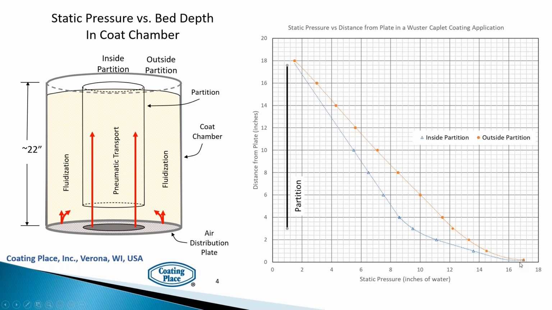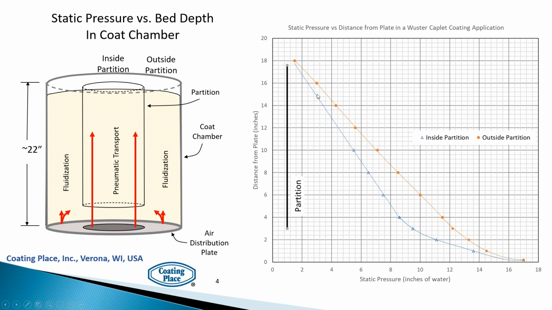Now, inside the partition, the air starts at the same point in terms of pressure, and it very quickly drops because there's very little, if any, particle density right in the center. And so you get a very rapid drop in pressure. And then as you get into the partition region, the particle density throughout that region is roughly equivalent.